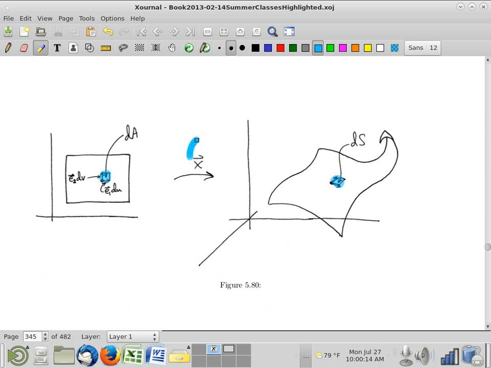I've got the parameterization, but it's not clear how I'm going to use it to relate input area to output area. What I know how to do with functions is relate input changes to output changes. That's what the derivative will do for me. So I don't really know how to plug an area into a function and get an area out.